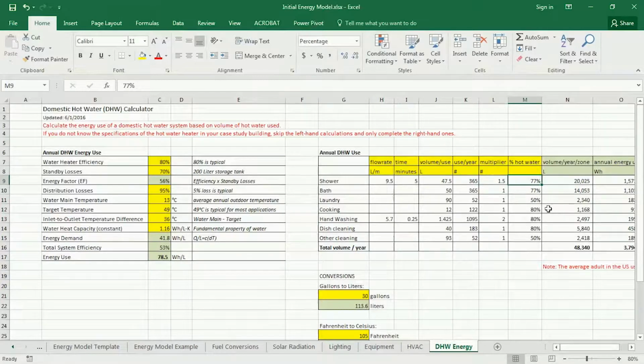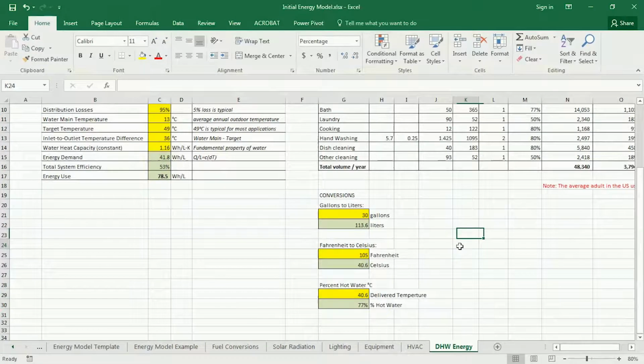Now this is an interesting one. Percent hot water. Keep in mind when you take a shower, it's not all hot water. It's a combination of cold water and hot water. And you can use these estimates, or you can customize this if you take particularly cold or particularly hot showers. And I've got a guide down here that will give you the percent hot water relative to the delivered temperature.